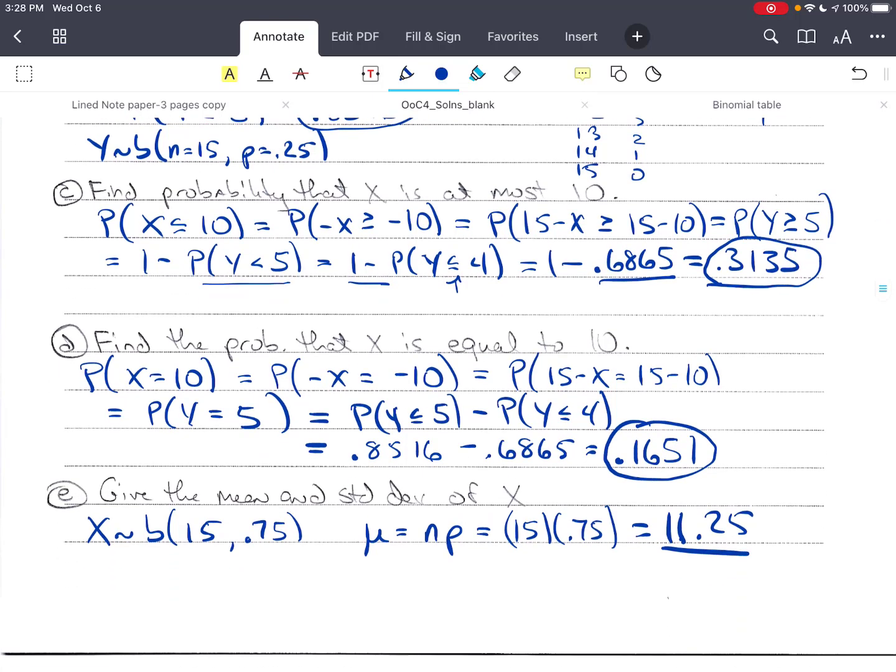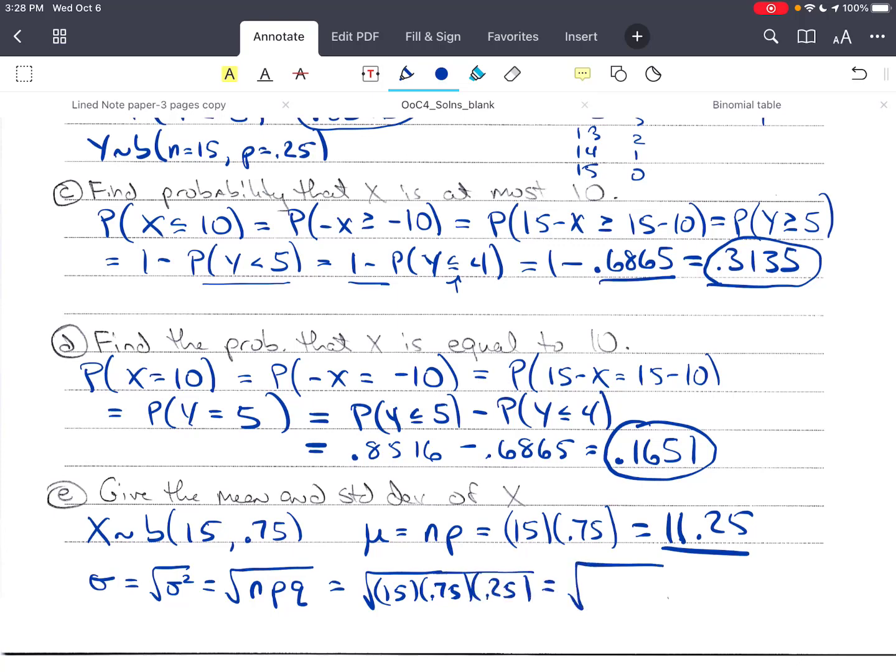And the standard deviation, sigma, is equal to the square root of sigma squared, which is the square root of n times p times q, which is the square root of 15 times 0.75 times 0.25, which is the square root of 2.8125, which is about 1.67705, etc. So I'm going to say 1.6771.